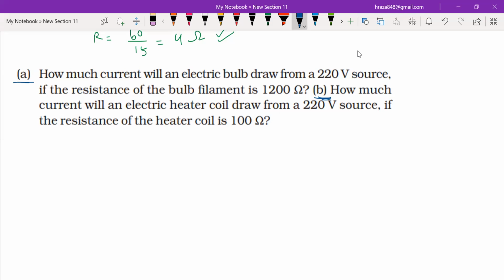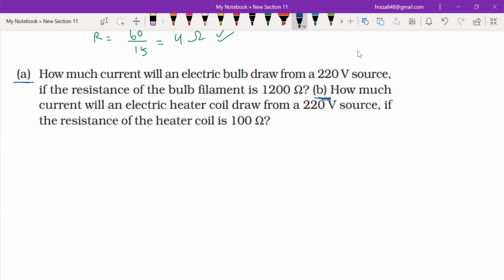Sir, I is equal to V upon R. For the second one it is 2.2 ampere.